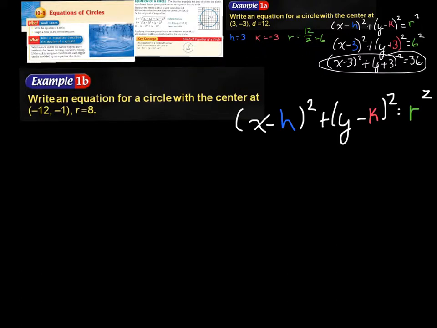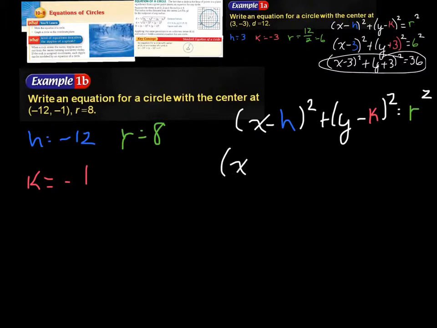An equation for a circle centered at, so they gave us h is negative 12, and k is negative 1, and they just out and out told us r equals 8. Okay, we didn't even have to divide by 2. Fine. It's okay.